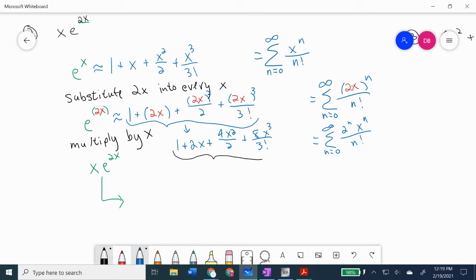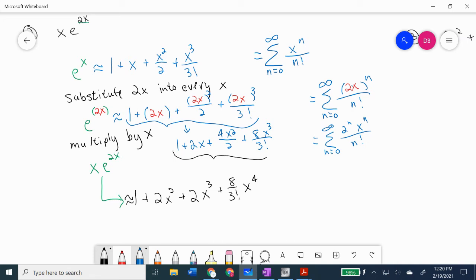I'm taking this and I'm multiplying by x. I'm going to go ahead and simplify. My 4 over 2 is a 2, and then I'm multiplying by x. I'm not going to simplify this constant, multiply by x. So that is approximately x times e to the 2x.